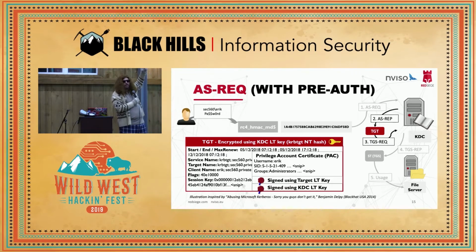Then I'm going to present that ticket granting ticket to the KDC. It's then going to give me the, well, it doesn't show up at all. That's weird. So there's some grayed out pieces that don't show up on the projector literally at all.